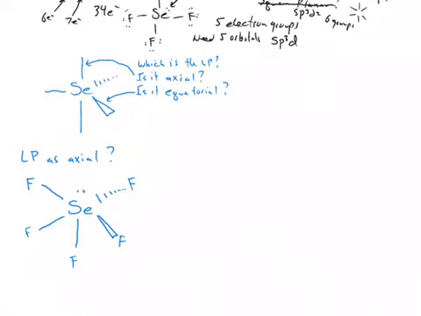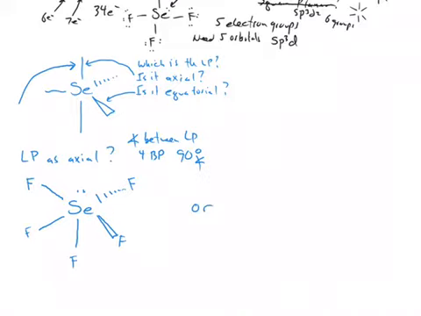And when you look at the angle between the lone pair and the 4 bonding pairs, that's a 90-degree angle. Okay, so here's the other way. That's if we took off this bond right up here and made it a lone pair, which is what we need. We need a lone pair.